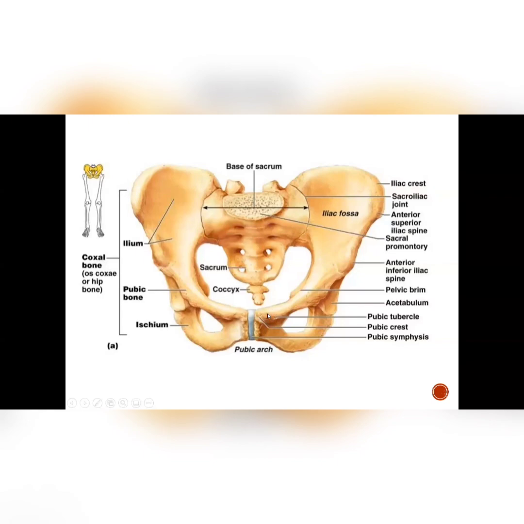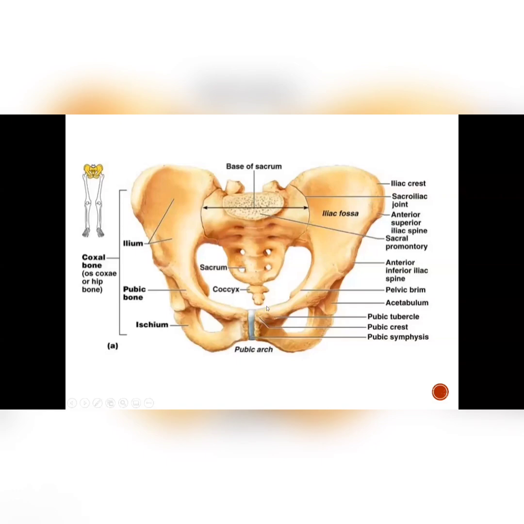Please keep these words in mind: pubic crest and pubic tubercle. You need to know the difference between the two. Pubic crest is the raised elevation present on the superior aspect of body of pubis, whereas pubic tubercle is the raised elevation present at the lateralmost portion of pubic crest.